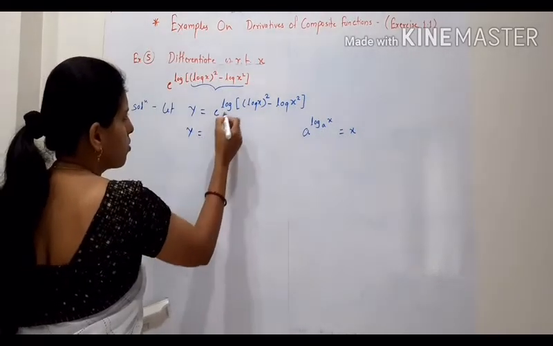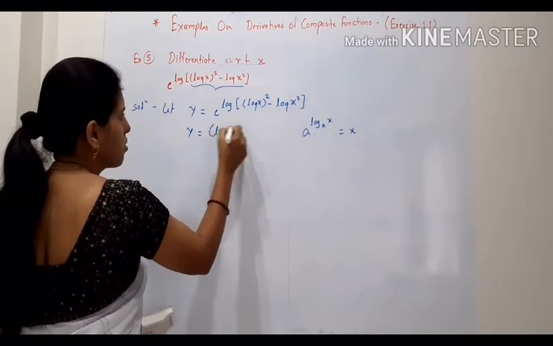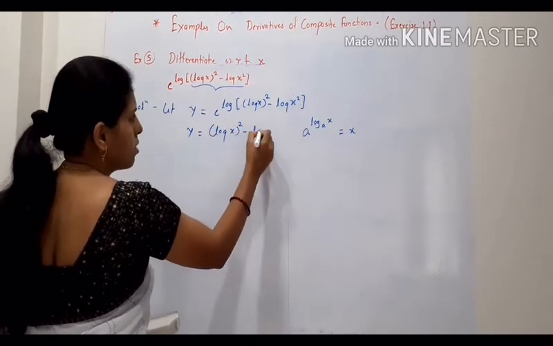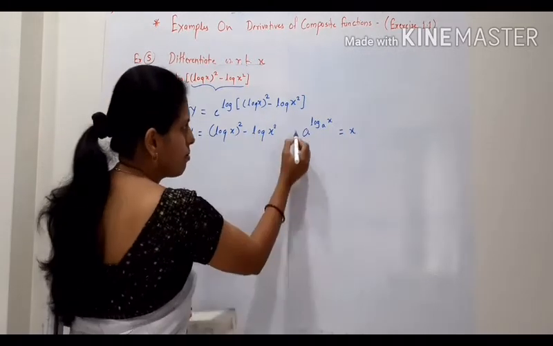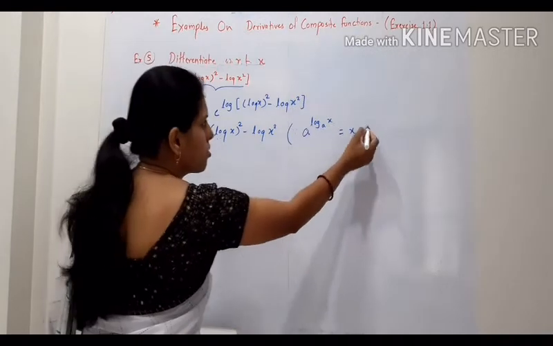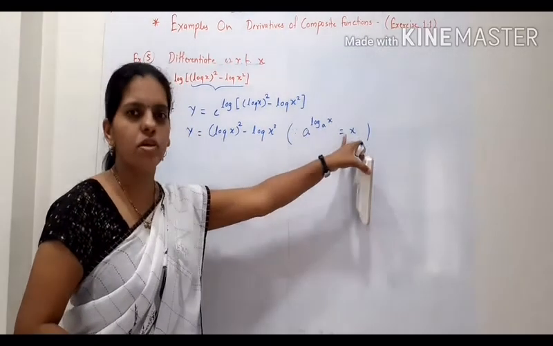This is equal to, e and log get cancelled, (log x)^2 minus log of x^2, since a raised to log x to the base a is equal to x.